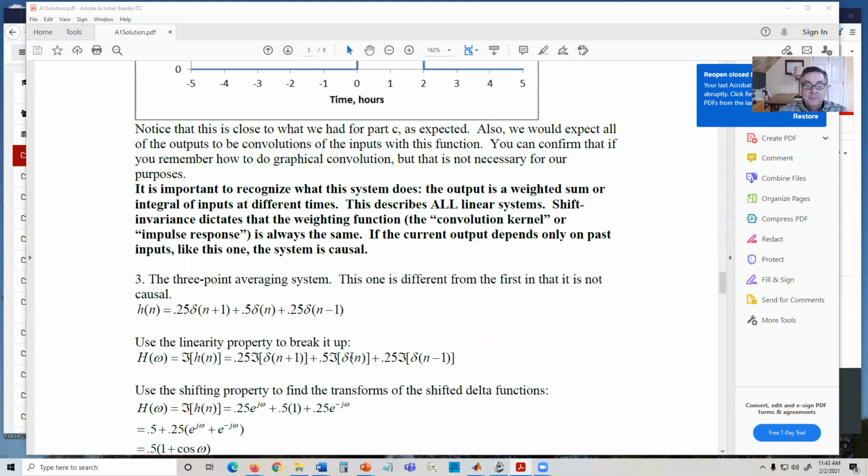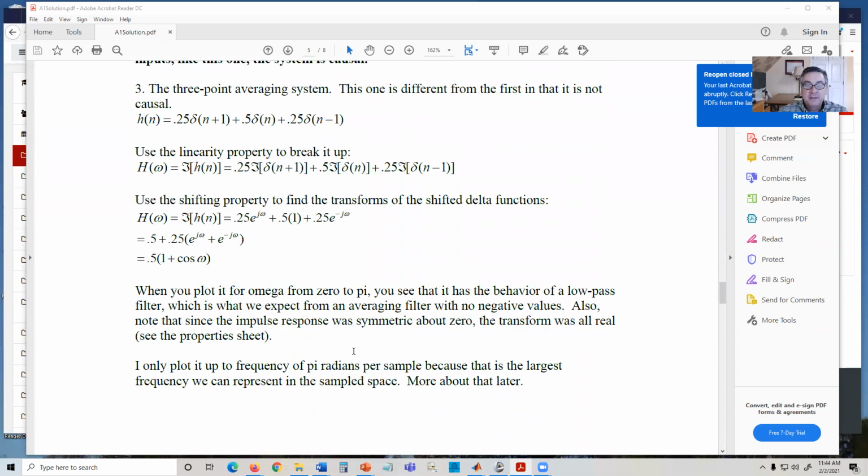Okay. Third one is a 3-point averaging system. So this one's not causal because the impulse response has a response at t equals -1, t equals 1, t equals 0. It's actually symmetric about 0, which according to properties should give us an all real transform. Okay.